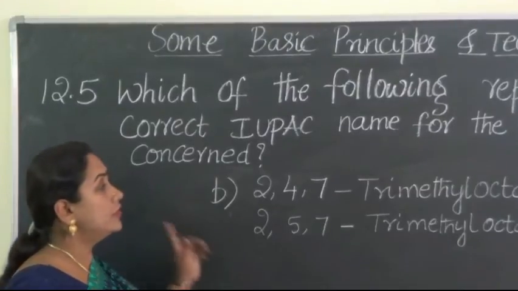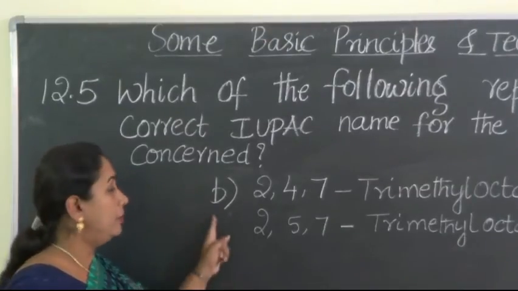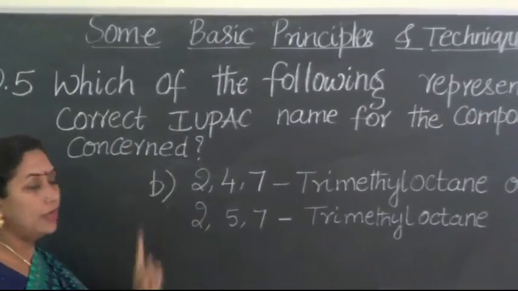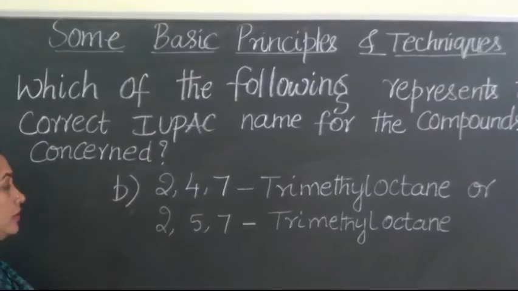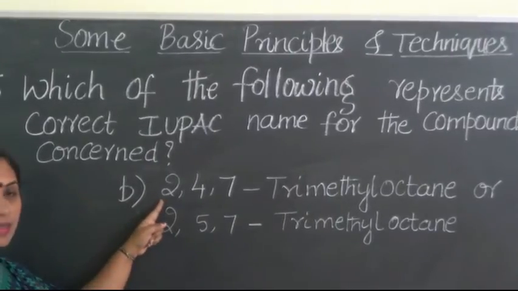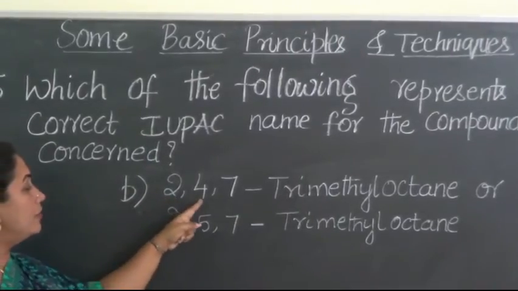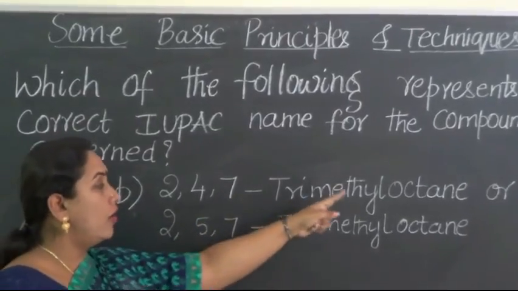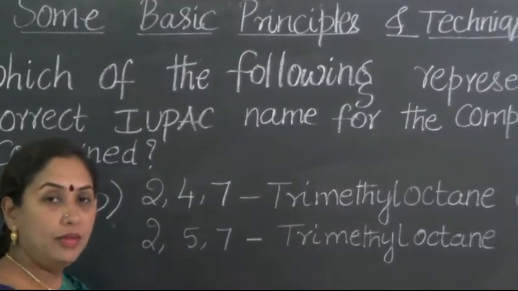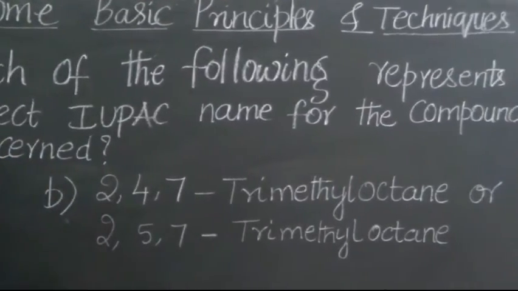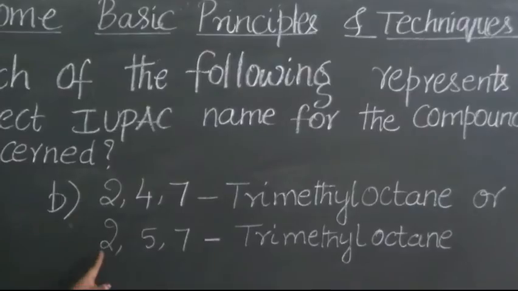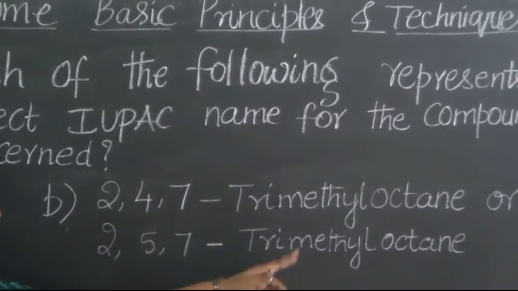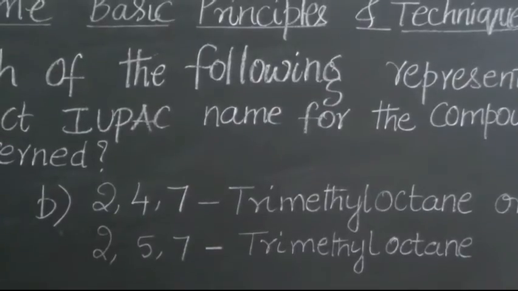So, continuing with the same question, part B. Now, take a look at these 2 names given to us. The first name is 2, 4, 7 trimethyl octane. The second name given to us is 2, 5, 7 trimethyl octane.